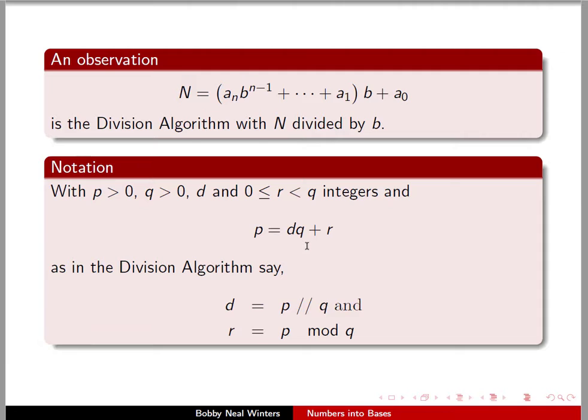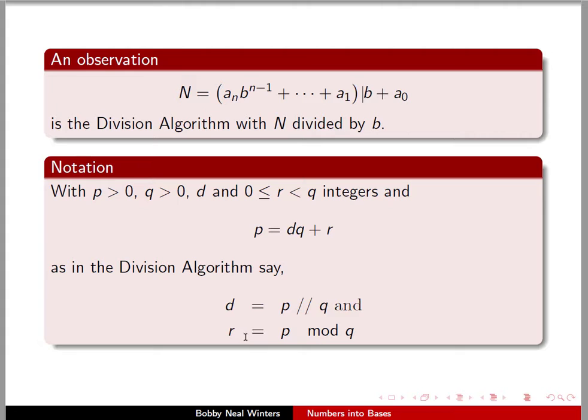I put this because I want to define some notation. D is going to be P double division Q. That double slash sign stands for integer division. You divide and take the integer part, which is what we're doing here. I'm copying the Python notation on it.